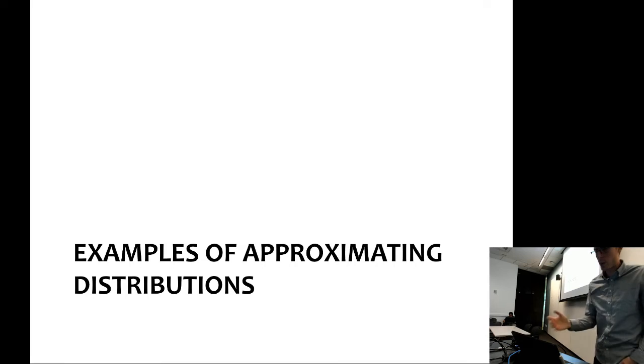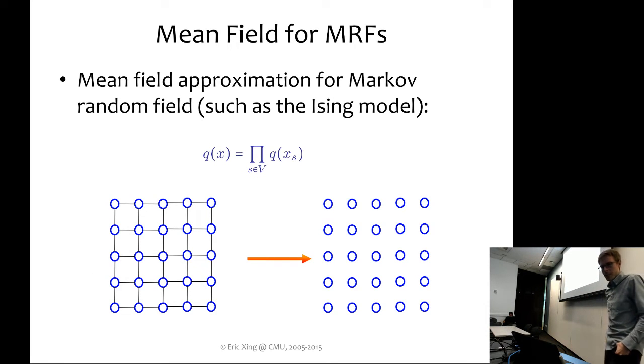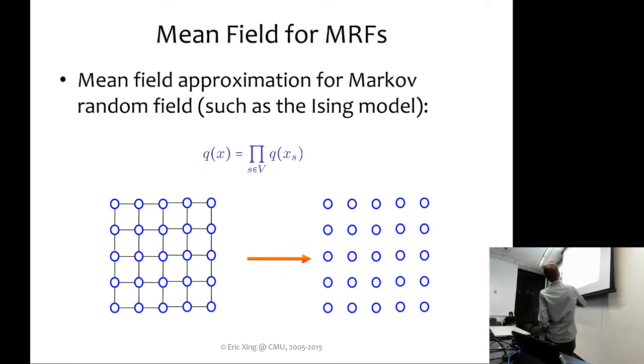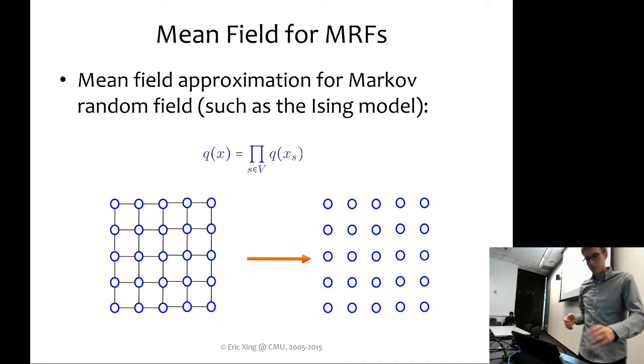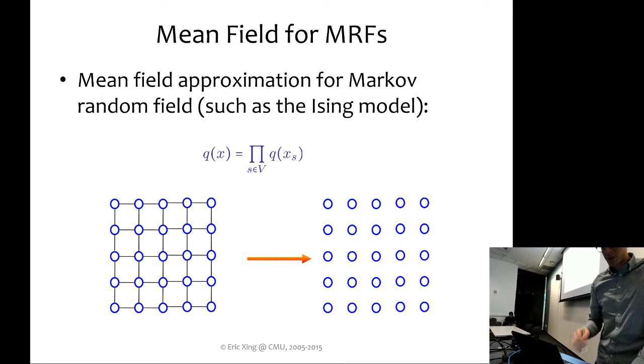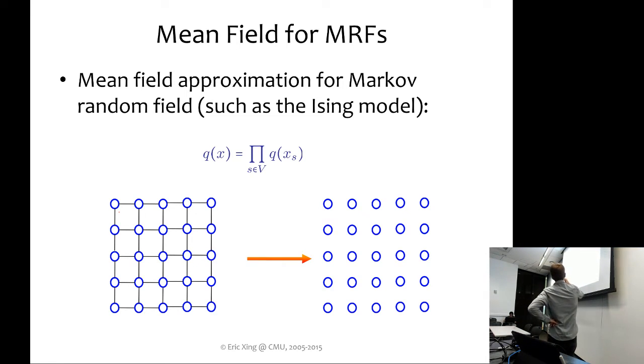Okay, so what are some examples of this? Well, say you had a Markov random field like this one. This is sort of like what you were working with on homework 3 for computer vision, where you have this pairwise Markov random field, and you have an edge between each pair of adjacent pixels.